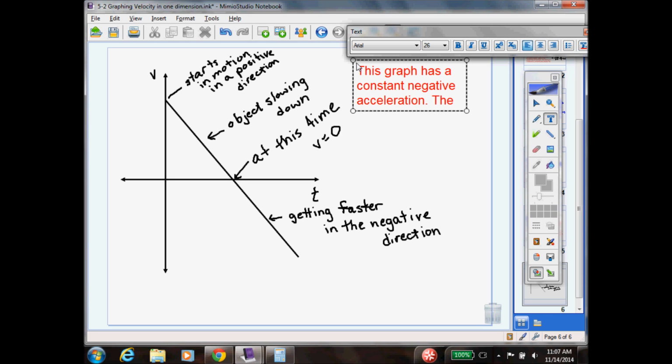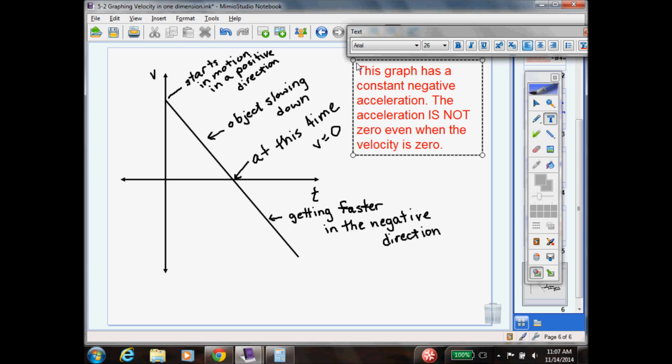The acceleration is not 0, even when the velocity is 0. So very, very, very important. Even here, the acceleration is not 0.